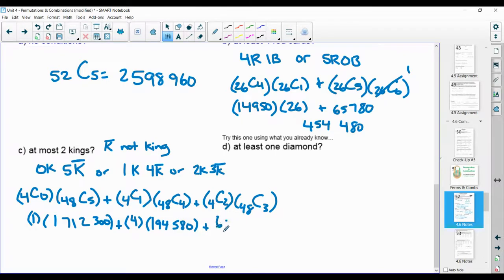Again, as you're doing this, you don't have to be writing out every single step. I'm doing it just for the purposes of the notes. Often I would just put 4 choose 0 times 48 choose 5 in my calculator and write just that number down. So here we would have 1,712,304, and then we're going to add it to the rest of the numbers.